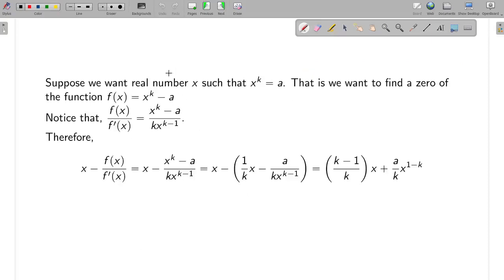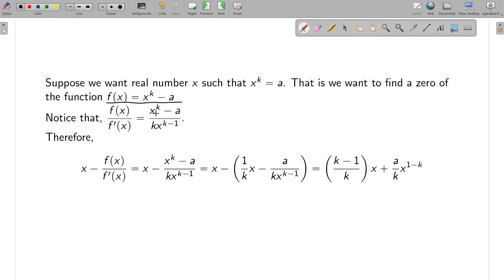Suppose we want to find the kth root of a. What does it mean? It means we want to find an x such that x raised to k is a. Or in other words, we want to find a 0 of the function f of x equals x raised to k minus a.